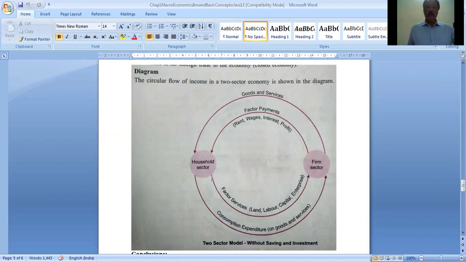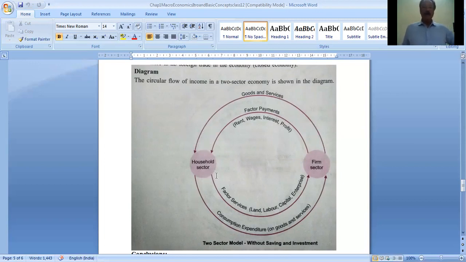So once the money goes back in the circular form, when they are spending for consumption, the firms are providing goods and services. So you see, this is a circular flow of income, children.